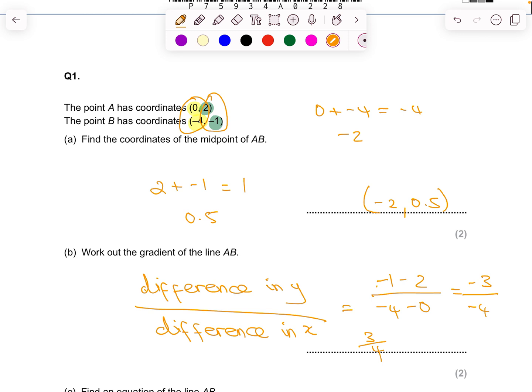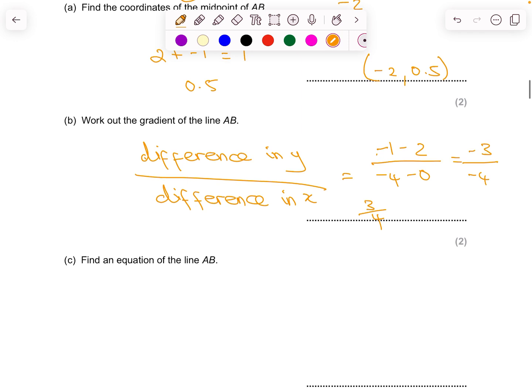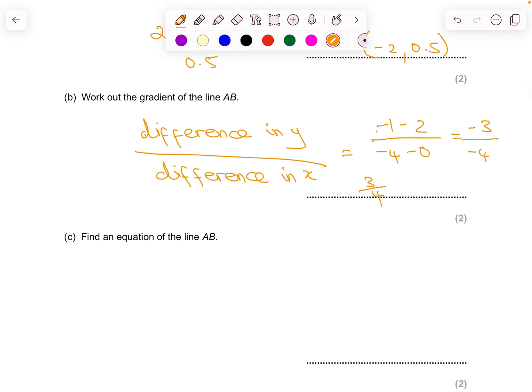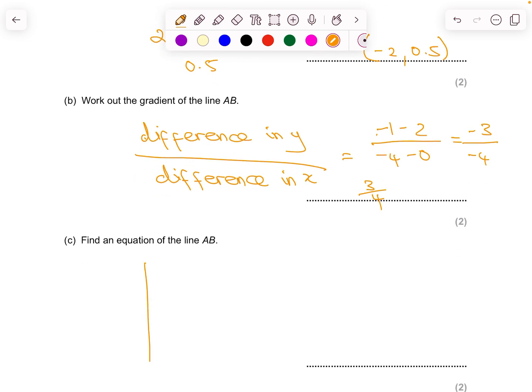Now, this actually didn't require much work, and it's still worth 2 points. It didn't require much work because actually you know where it crosses the y-axis. So remember, to find an equation, starts off with y equals 3/4 x plus c.